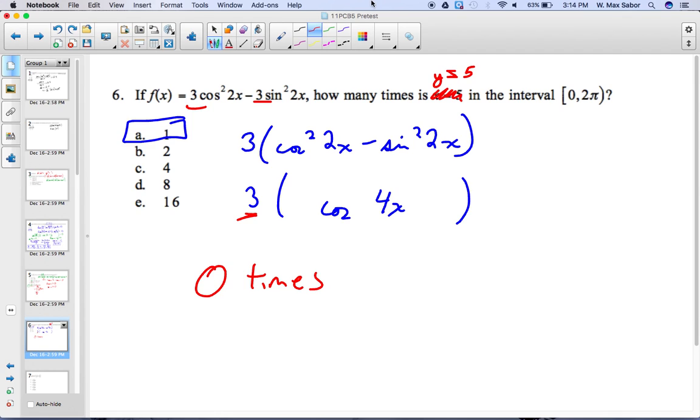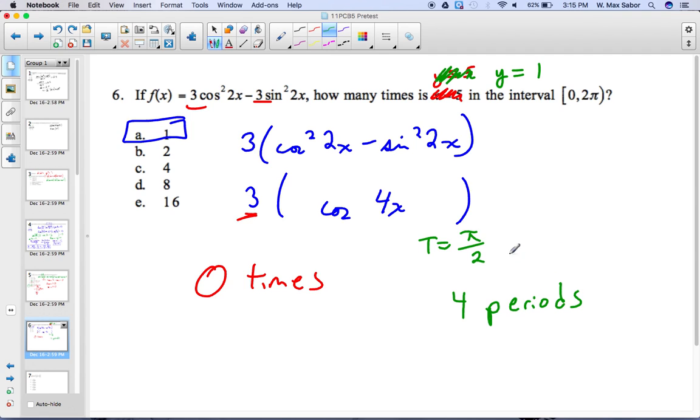If it asked instead about how many times is, like, y equal to 1, well, that happens, let's see, the interval is 2 pi, the period here is pi over 2, so that means there are 4 periods that we're going through.